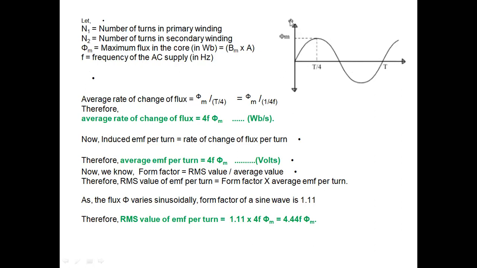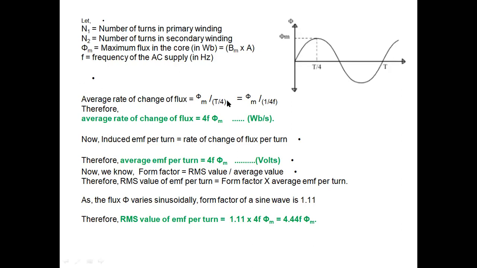For this flux setup, we can write the average rate of change of flux by the generalized formula d phi by dt. So the formula is phi m upon T by 4. Further, it can be modified in terms of frequency by using the relationship T equal to 1 by f.